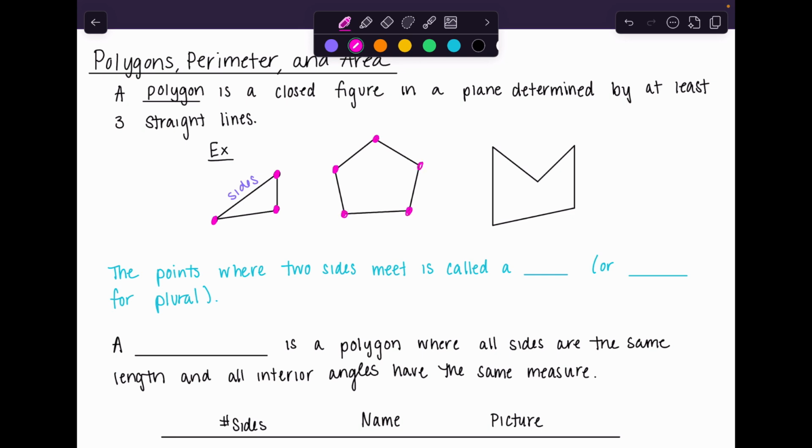The singular form is just one vertex. So where the two sides, or you can also call them edges, meet, these are vertices. Singular, vertex, plural, vertices. And in addition to calling this a side, you'll often hear it referred to as an edge as well.